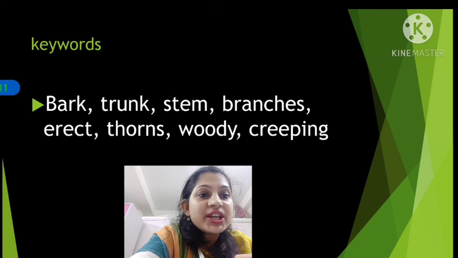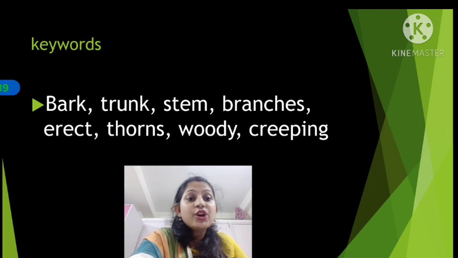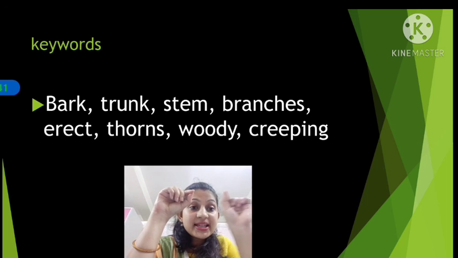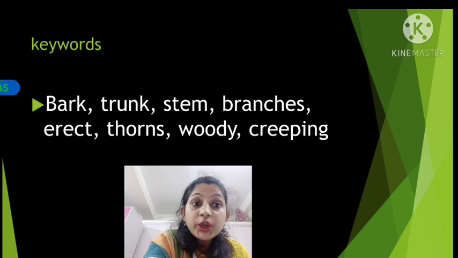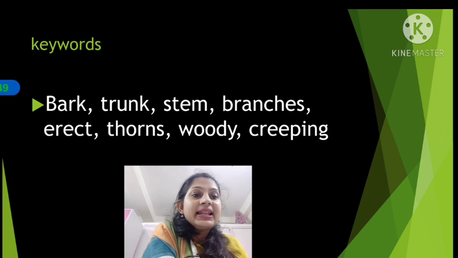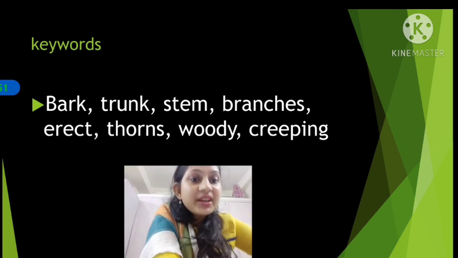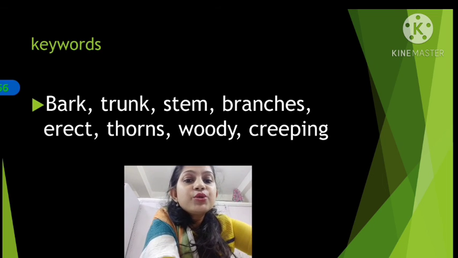Then branches, B-R-A-N-C-H-E-S, branches. Erect, meaning straight. Thorns, spines, T-H-O-R-N-S, thorns. Woody, W-O-O-D-Y, woody. And last was creeping. Creeping came from creepers, creep, isn't it? So these were today's keywords.